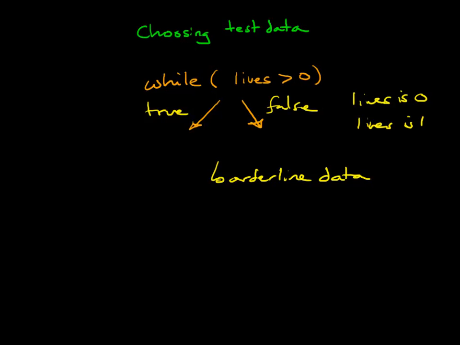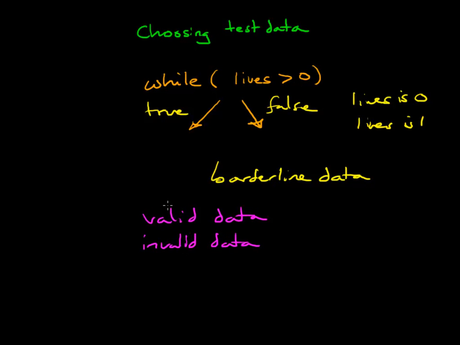In addition to that, there's two other types of data which we can check, and these are called valid data and invalid data. Valid data is possible data.